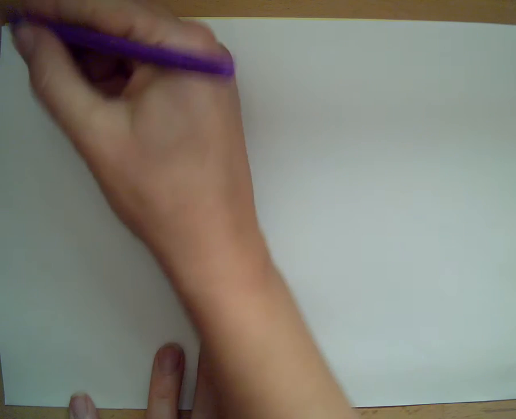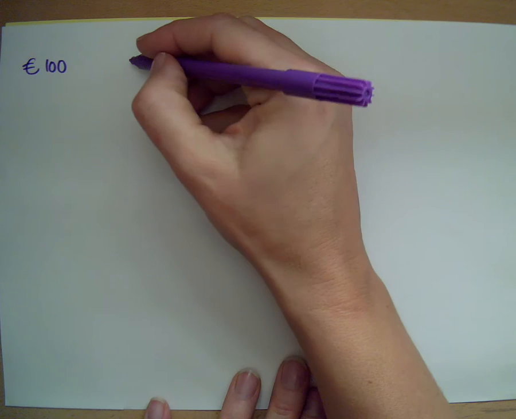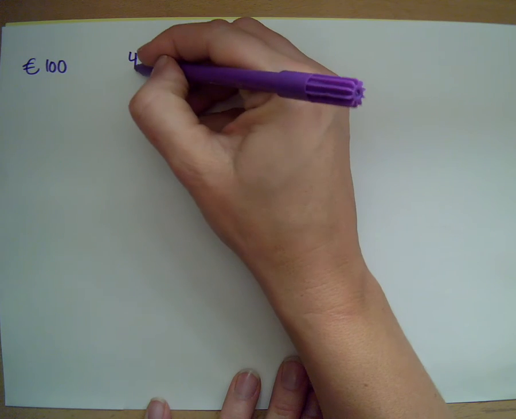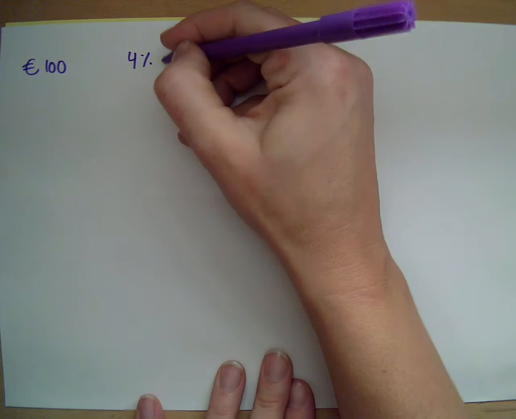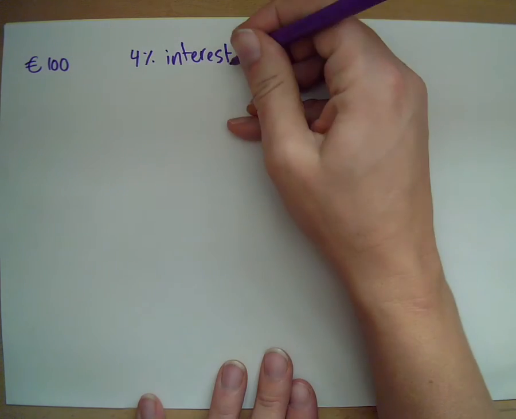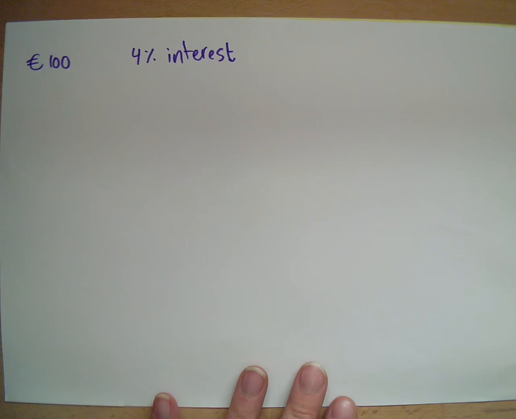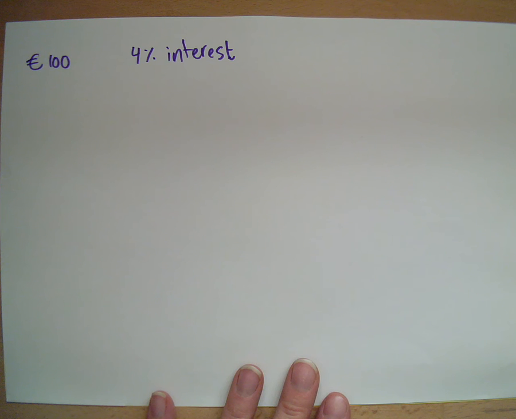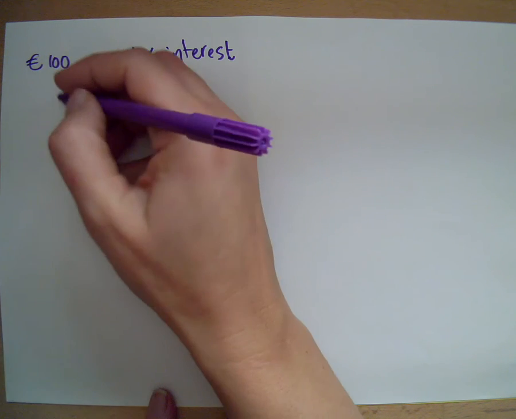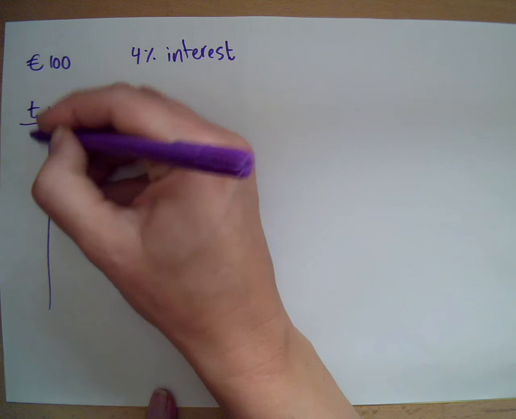Say we put 100 euros into the bank. Let's say there's a 4% interest, which right now it isn't. It's much lower, but in better times you could get 4%. When you put it into the bank, so in year one, let's say this is time.